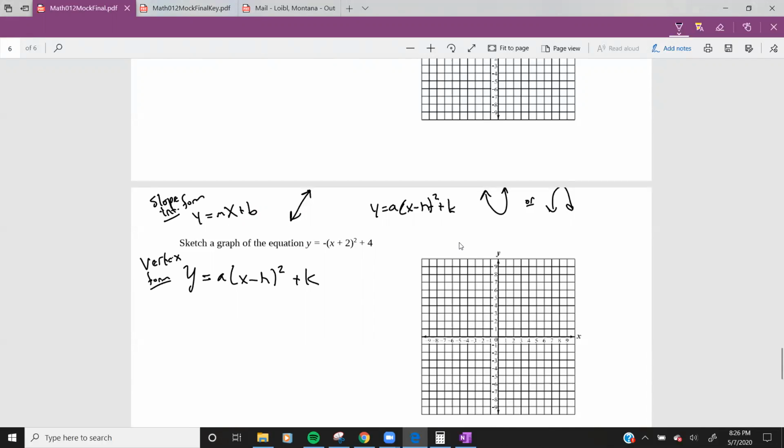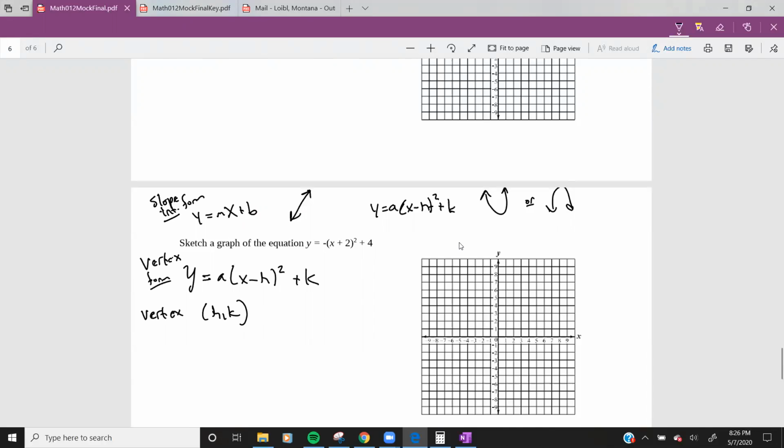But if we wanted to graph this parabola, your vertex is your point, is either your minimum or your maximum, which is (h, k). So vertex form is important because it gives you the vertex, and the vertex is either the lowest or the highest point of the graph, right?